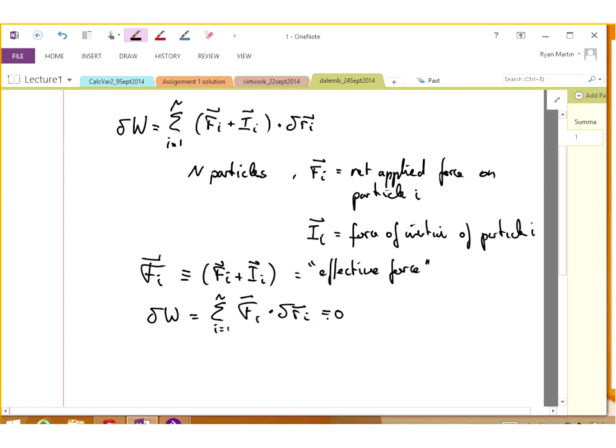And that's now valid for both statics and for dynamic problems.